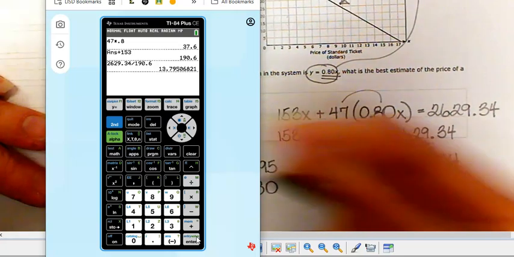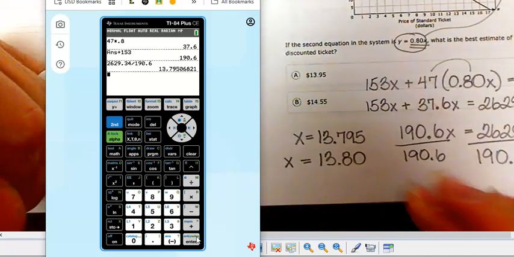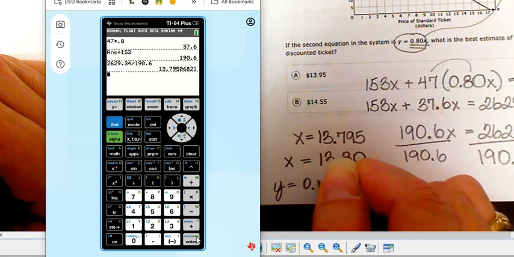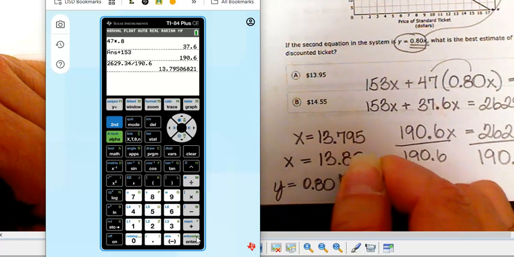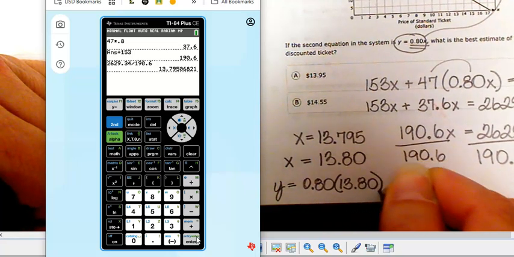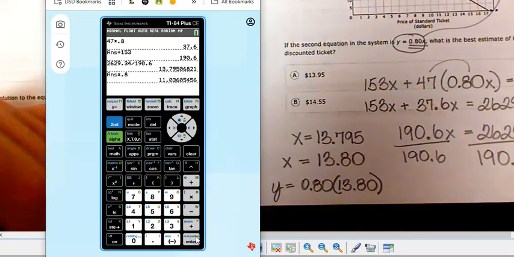That's for your regular ticket. For your discounted ticket, you've got to put it in this formula. I'm going to go ahead and use the unrounded version because it's already on my calculator. Times 0.8, and I get $11.03 or 4 cents.